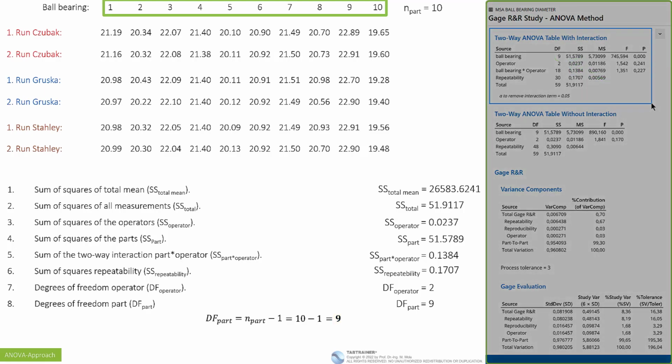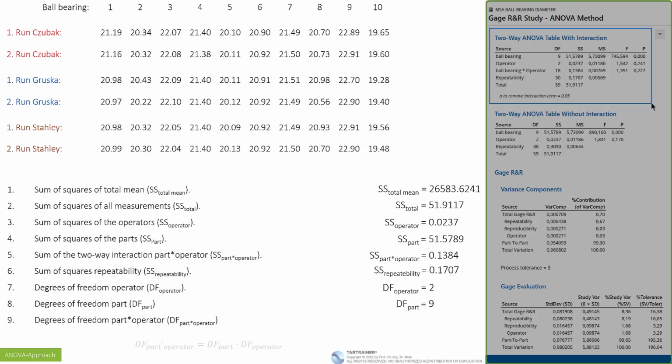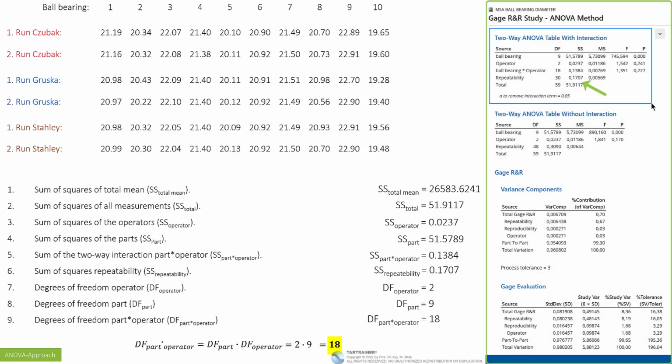In the ninth step, we determine the number of degrees of freedom for the part operator interaction term. This is the product of the number of degrees of freedom for the part source multiplied by the number of degrees of freedom for the operator source, which gives a number of degrees of freedom for our interaction term of 2 times 9 equals 18. We find this value in the output window at this point.